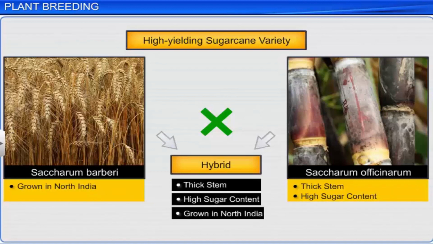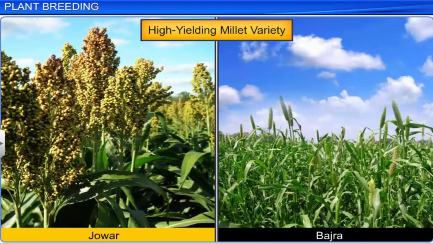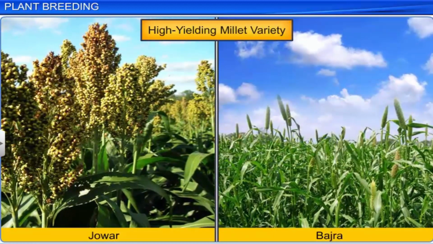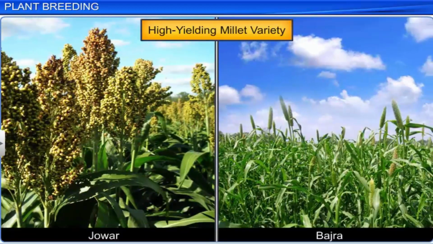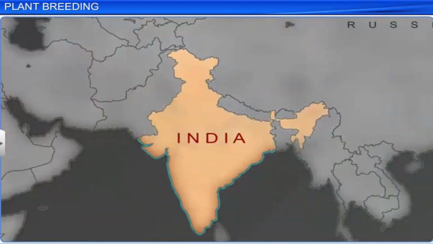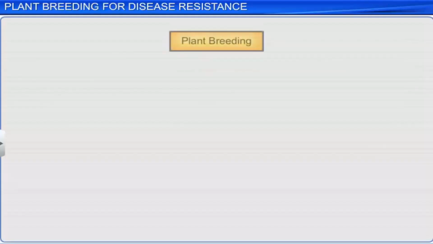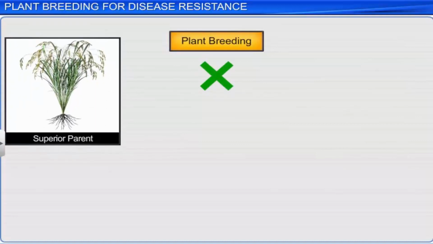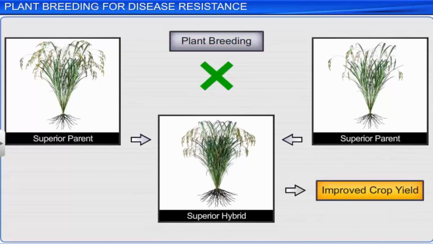Similarly, high-yielding hybrids of millet, such as jawar and bajra, which are resistant to water scarcity, were also developed in India. In this manner, through various plant breeding techniques, many high-yielding crops were developed that helped boost Indian agriculture. Plant breeding is the skillful use of different plant varieties to produce a desired plant type, thereby improving crop yield.